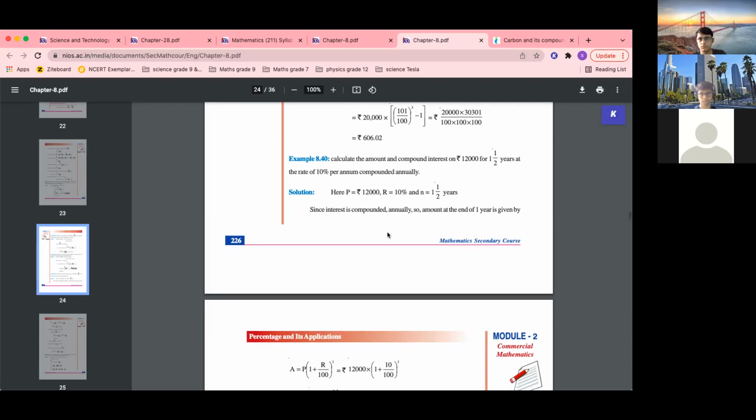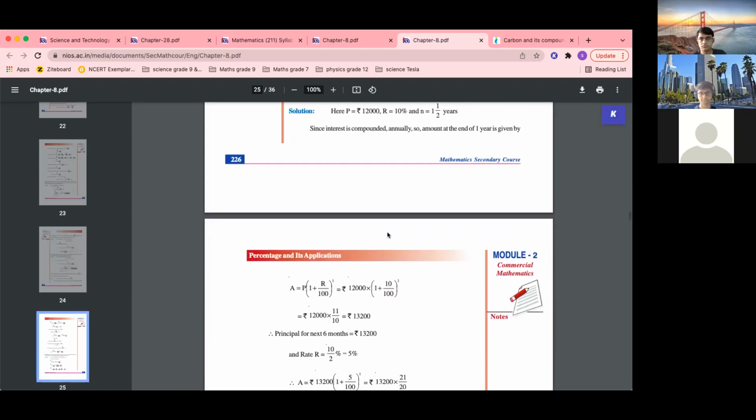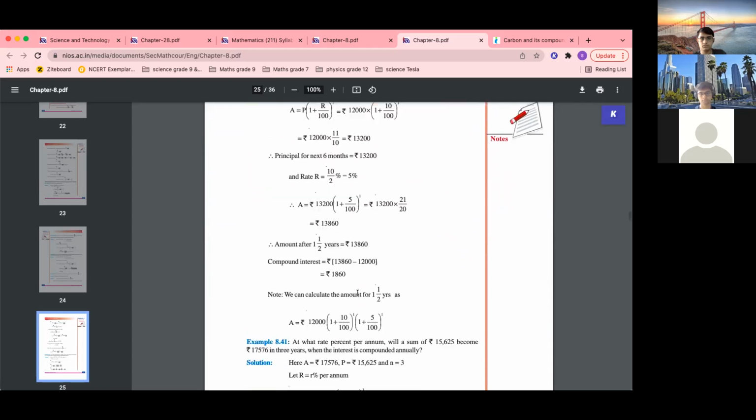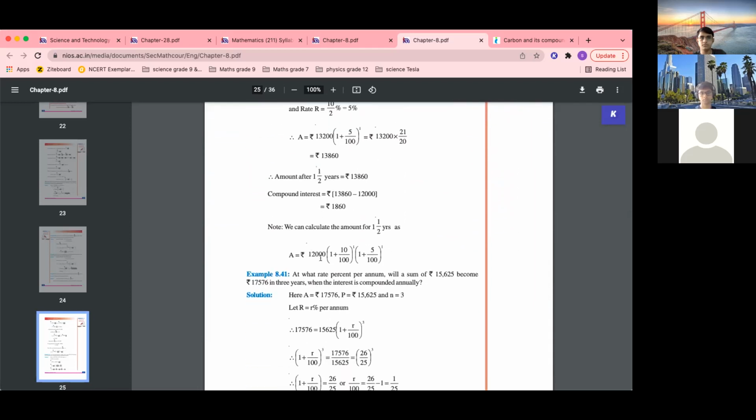So what we did that time was find the amount for 1 year first, and that amount acts as the principal for the next 6 months. But directly also you can do P into 1 plus R by 100 for 1 year, and for the half year the rate is halved: into 1 plus 5 by 100 raised to 1 half and 1 year.